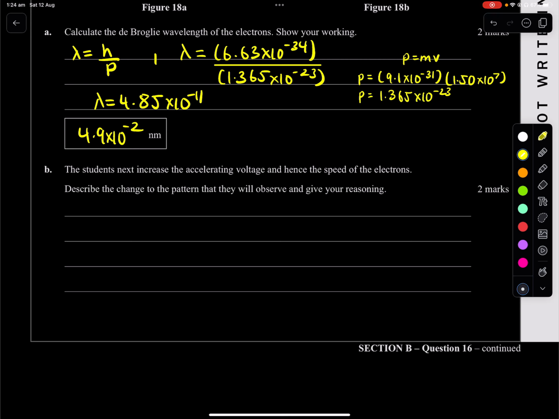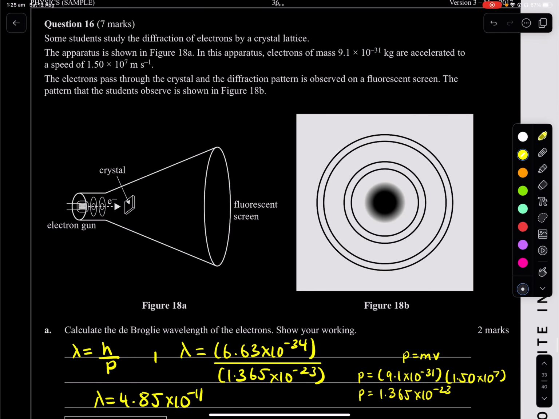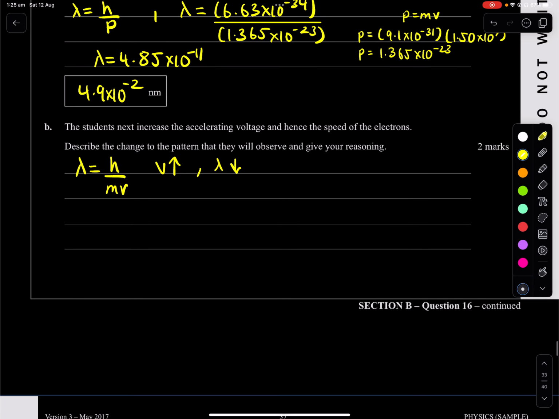What do we know? That the wavelength is h over p, and p is mv. Your momentum is just mv. So if velocity increases, your wavelength decreases, and the crests will become smaller.